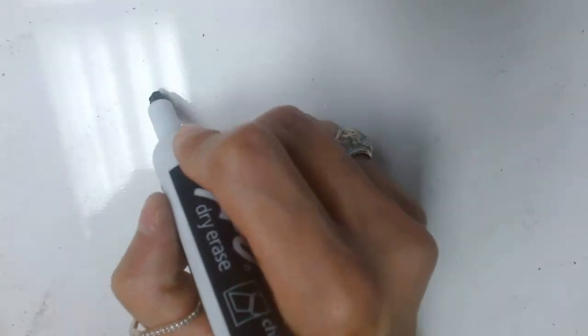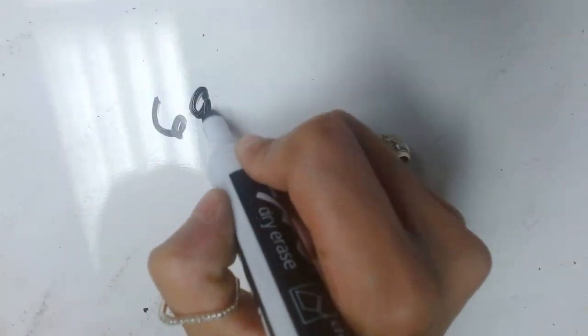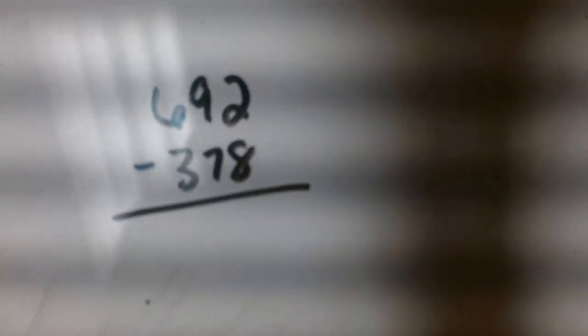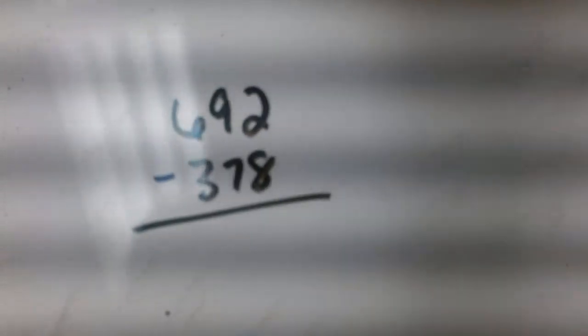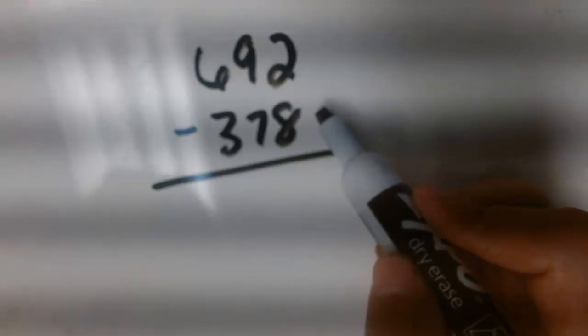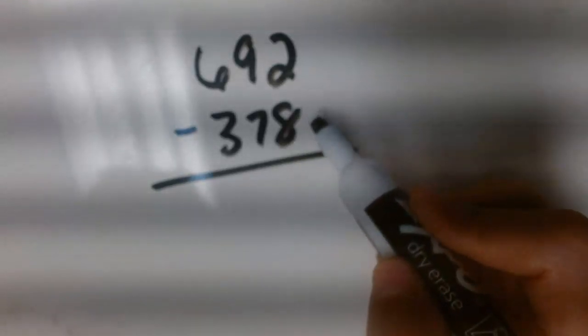Now then, let's talk about another example. If it's asking us to subtract 692 minus 378, how would we do that in this case? Because 2 is less than 8, we're going to have to borrow.